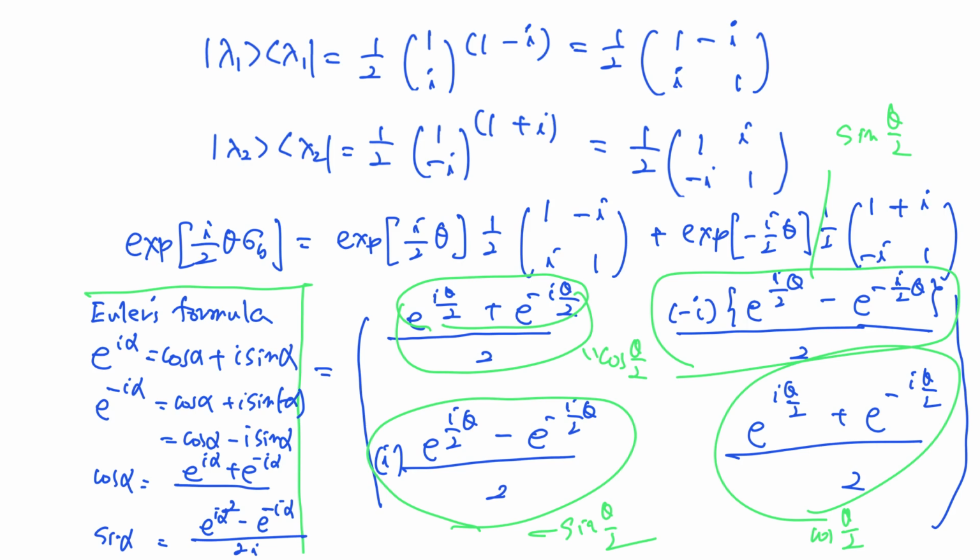So it's very interesting, right? This may be a little bit difficult for you conceptually, but it turns out that exponential i over 2 theta sigma y is a matrix formula.